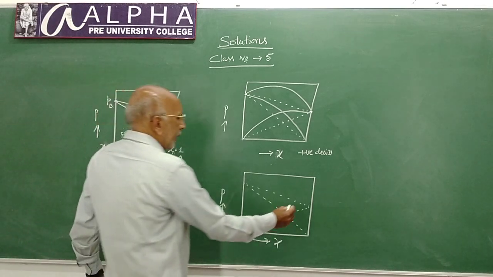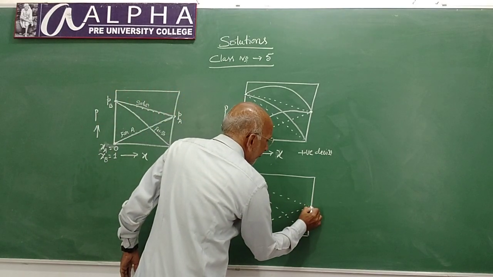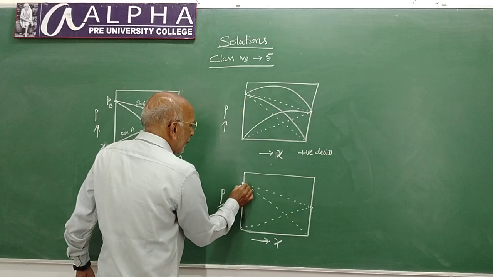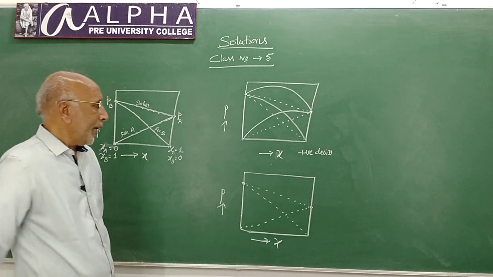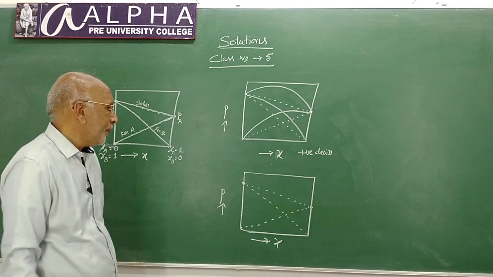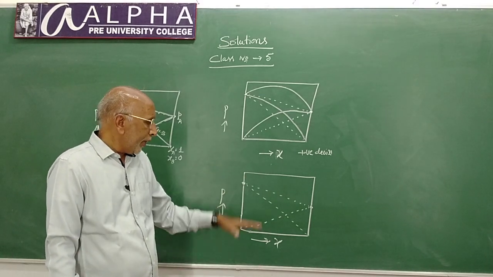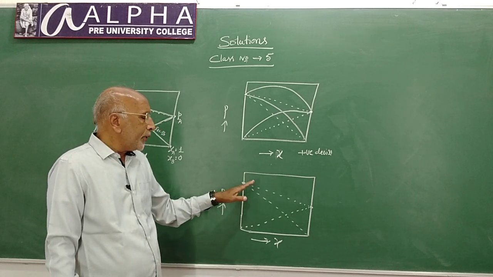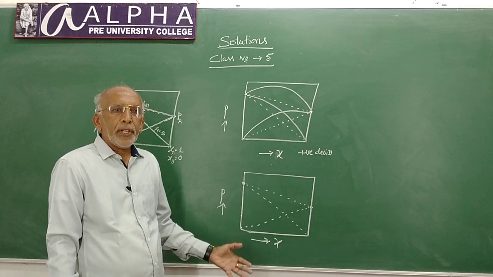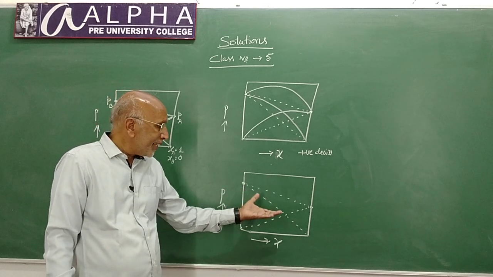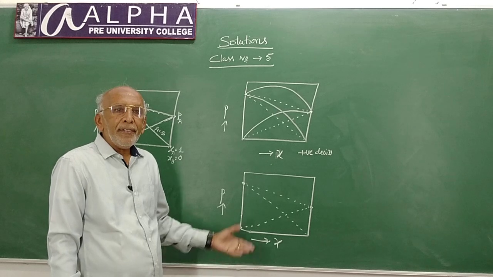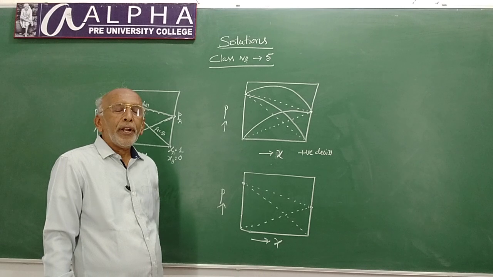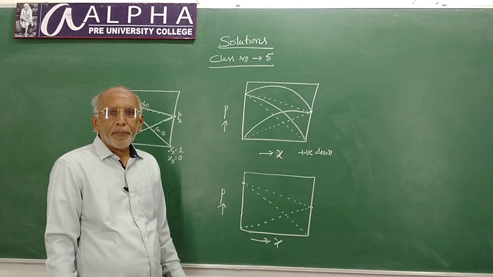Here is the vapor pressure of one pure component, and here the vapor pressure of the other pure component. So in the case of a non-ideal solution showing negative deviation, the combined vapor pressure of the mixture is actually less than the vapor pressures of pure components at any composition.